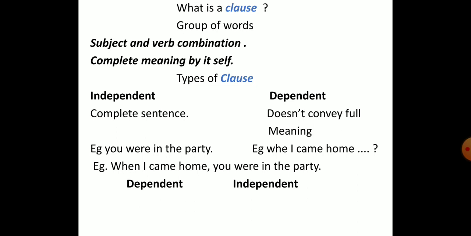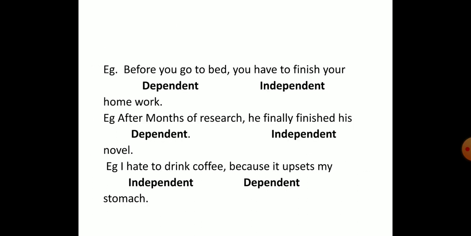Now, if I say "when I came home, you were in the party," that's a complete sentence with one dependent clause and one independent clause. So we have a combination of a dependent and independent clause making a meaningful sentence. Let's look into some more examples. Dependent and independent: "Before you go to bed, you have to finish your homework."